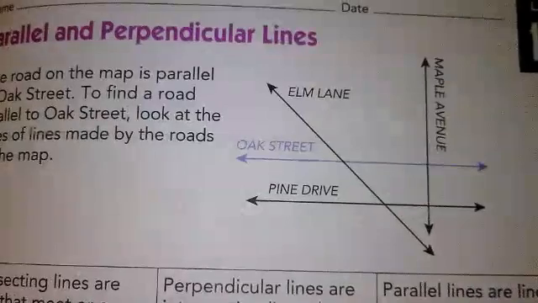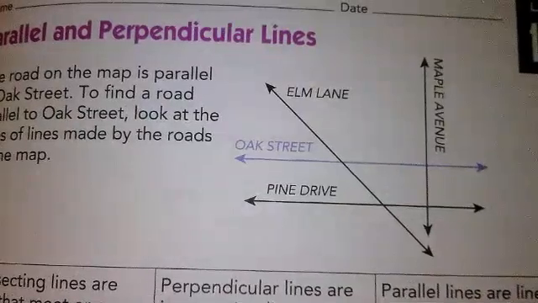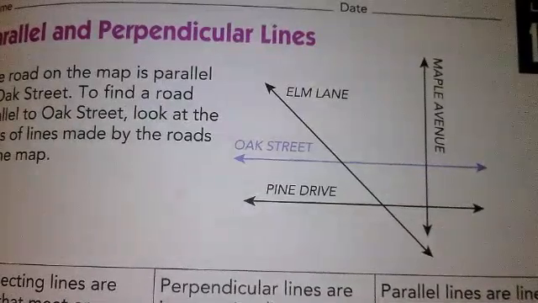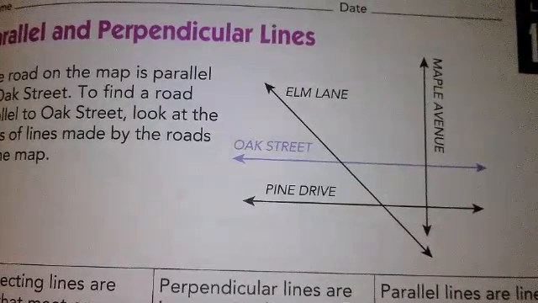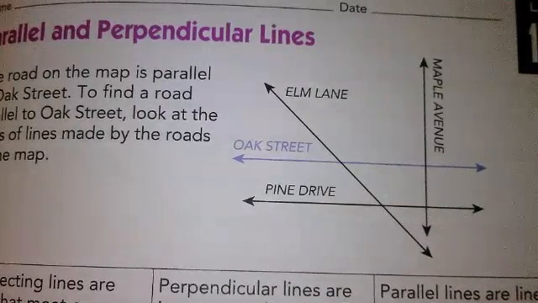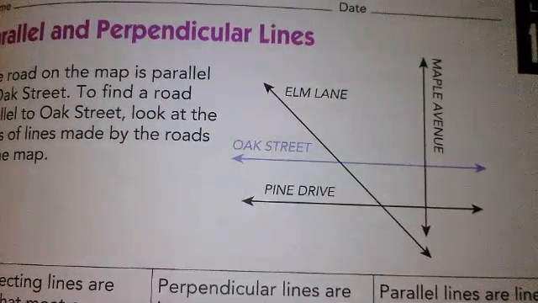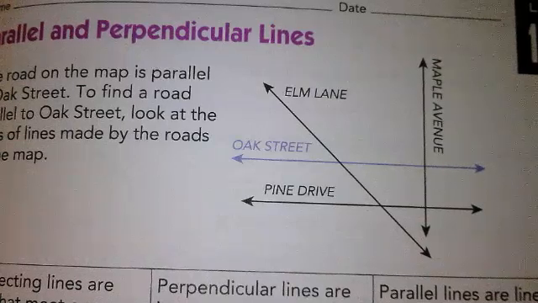How would you describe the relationship between those 2 lines? Lily? Well, if Maple Avenue goes on forever and Elm Lane goes on forever, they will eventually touch. They will, and what type of lines would they be then? It will become intersecting. Yeah, those 2 are intersecting lines.